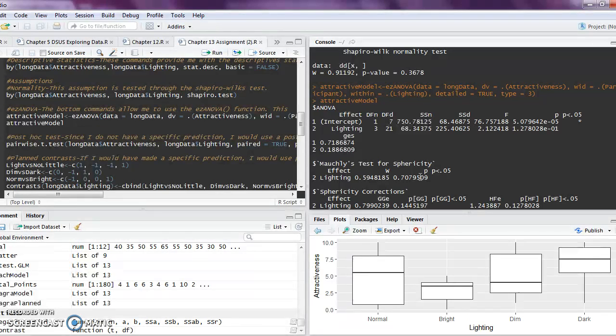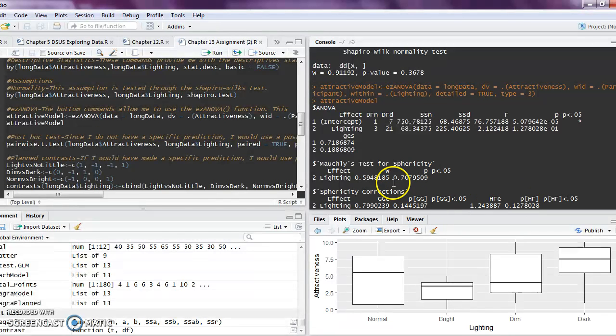The way it works is, you have your different conditions, you get all your scores, and then you calculate the differences between the scores in each condition. The variances of those differences, according to the assumption of sphericity, should be roughly equal. So that's essentially what sphericity is.